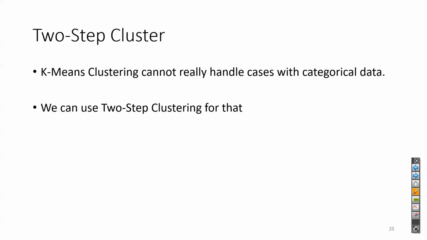All right. Now, for the hierarchical clustering, although I mentioned that we will be able to handle the scale variables, we can also handle the categorical data. But in SPSS, you cannot handle both types of variables at the same time. You can either assume everything will be scale or you assume everything will be categorical.